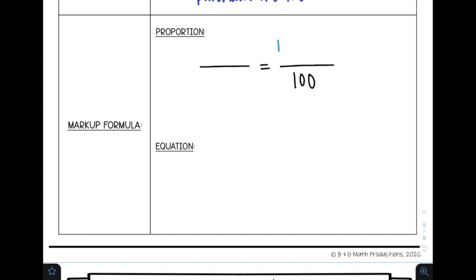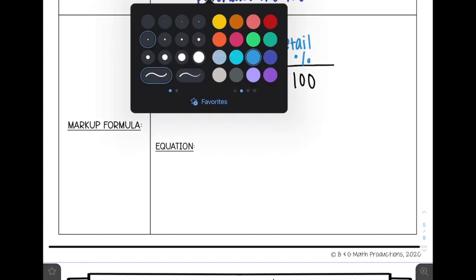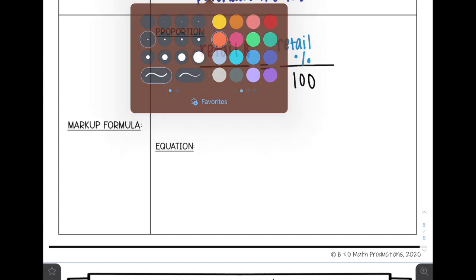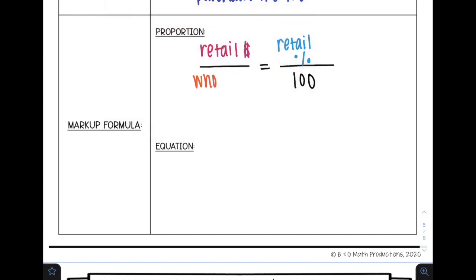So we're going to be talking about our retail percent, because it's not quite the markup, so we'll get back to it. Here we have on the left, the numerator is the retail amount, the retail price in money, and then we have our wholesale amount. Okay, and 100 is always referring to the wholesale.